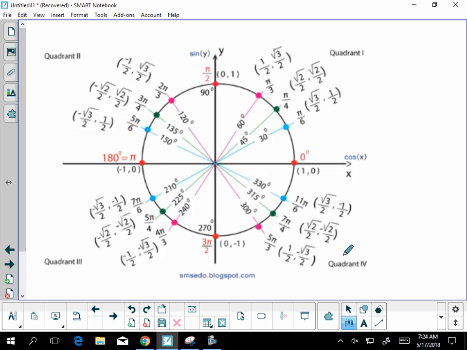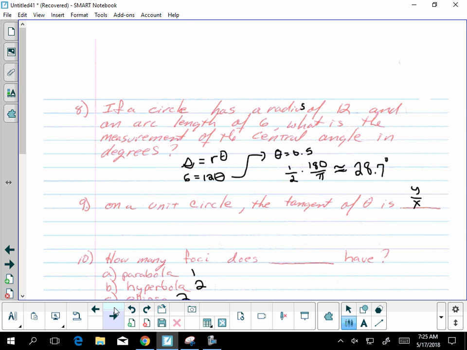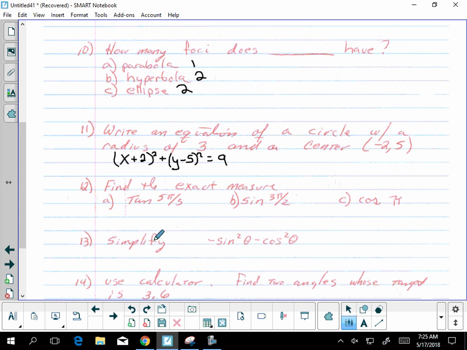Well, that would be your y-coordinate all over your x-coordinate, which when you simplify it is just going to be negative radical 3. So that one is just negative radical 3.